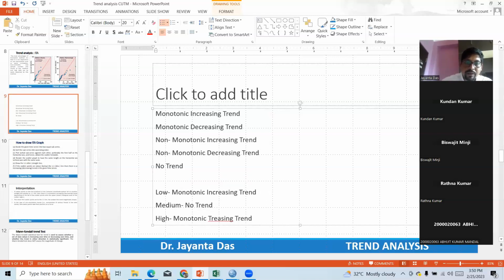So we can classify it this way: low, monotonic increasing trend; medium, no trend; and high, monotonic decreasing trend. We can also categorize our time series into three parts.